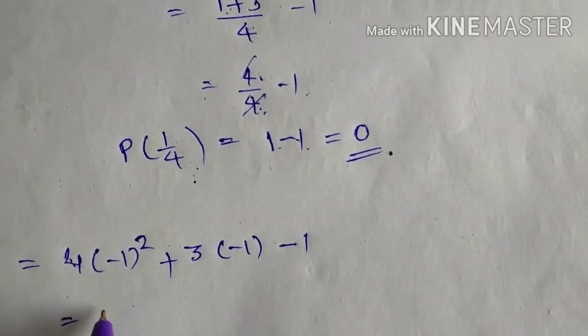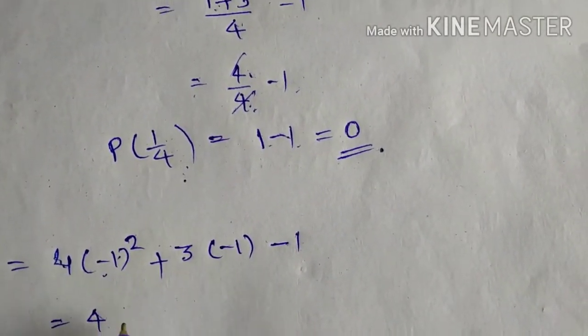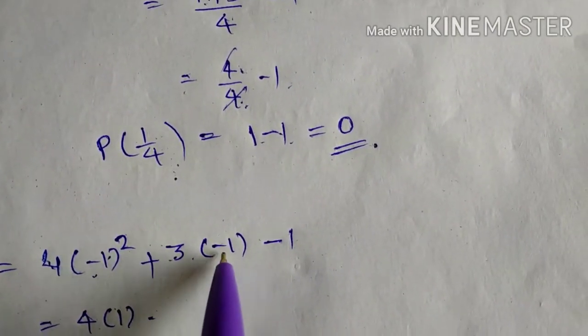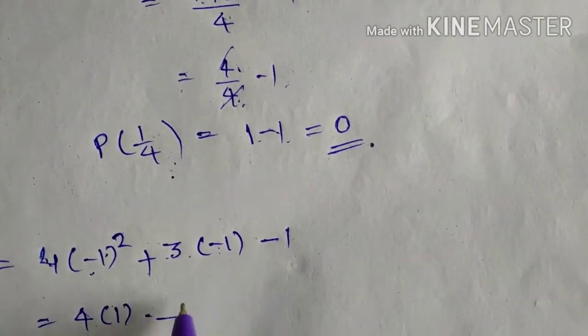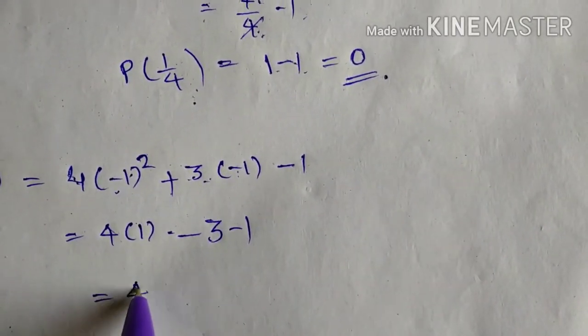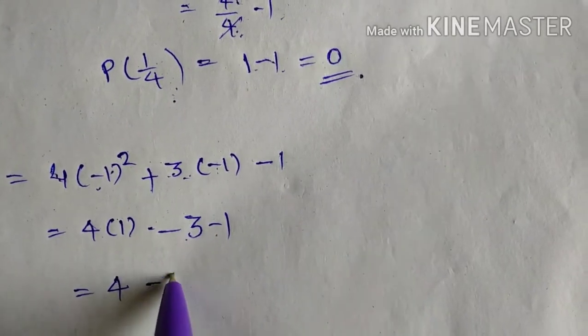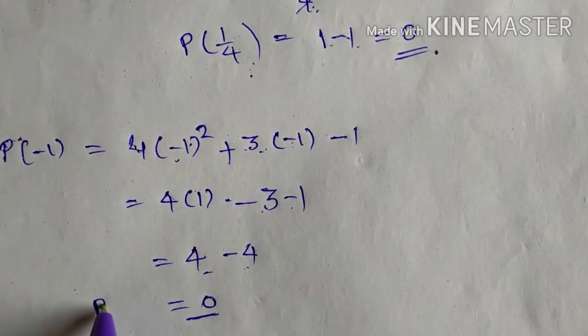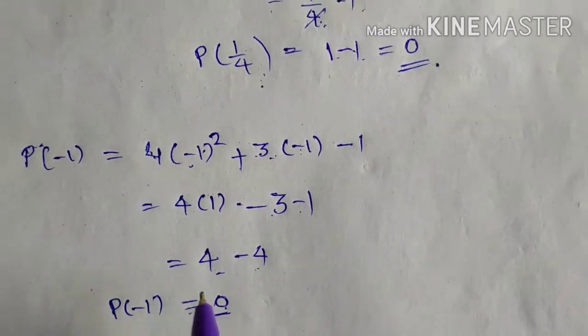That means 4 into minus 1 whole square is how much? Plus 1 only. Here plus in 3 into minus 1, plus into minus is minus, 3 1 3, minus 1. That means 4 1 4, minus 3 minus 1 you will get minus 4, 4 minus 4 is how much? 0. That means you can see here p of minus 1 is equal to 0.